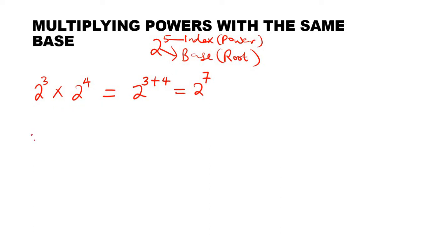So if I have 3 raised to the power 4 times 3 raised to the power 5, this is simply 3, 4 plus 5. So add the powers and you have 3 raised to the power 9. Is that okay? Alright.